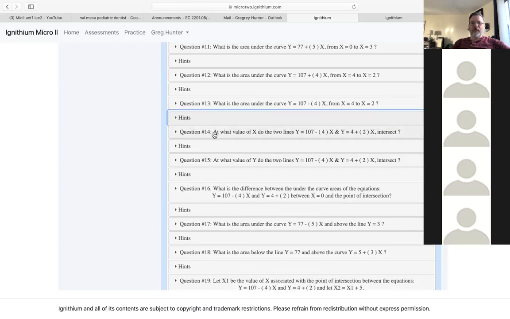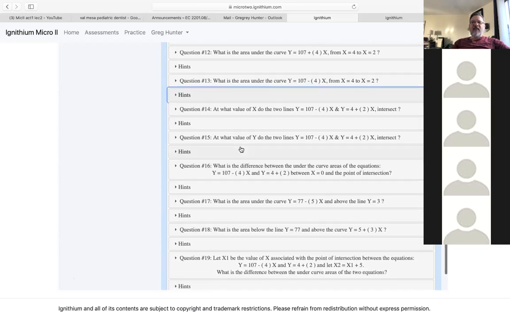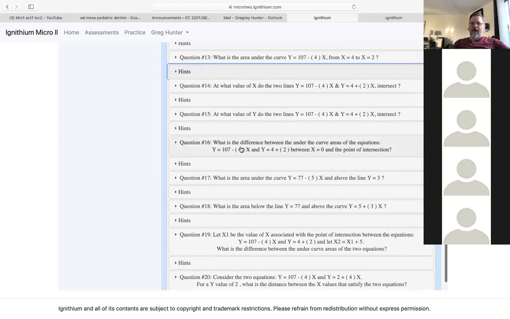So number 14, at what value of X do the two lines intersect? And at what value of Y do the two lines intersect? Okay. Well, I think that's pretty straightforward.